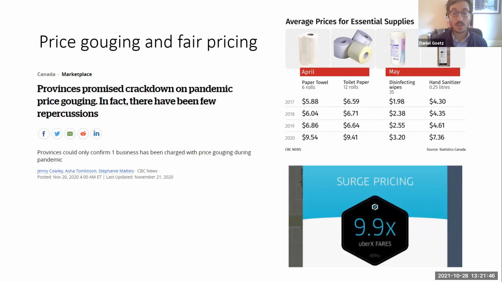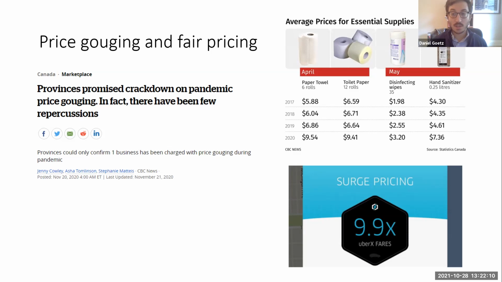But then we also see this, right? So here's Uber, and they have surge pricing, right? Surge pricing says here, prices are going to be 9.9 times, so almost 10 times higher than normal. But we see this, right? And this is used by Uber, and it's used by other companies too.